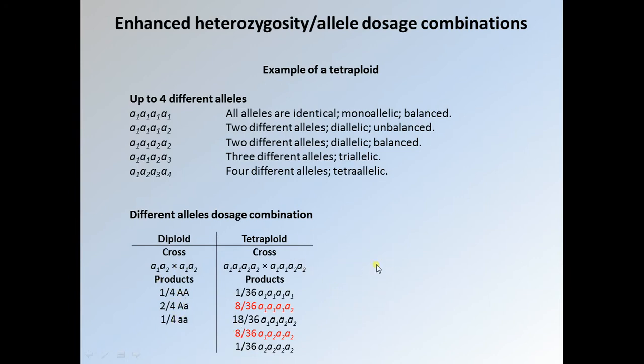But in the case of the tetraploid, you will have different dosages between these 2 alleles. So of course you can have again homozygous for one or the other, heterozygous, which looks like the heterozygosity of a diploid, but then you can have a dosage of 1:3 or 3:1, which can't exist in the diploid. And that can lead again to some transgressivity.